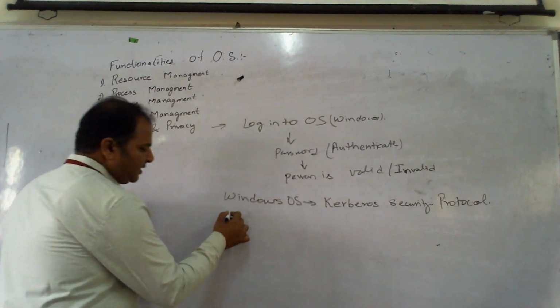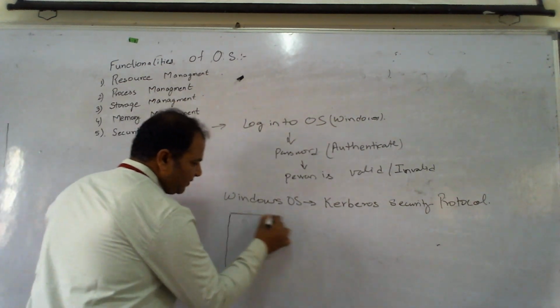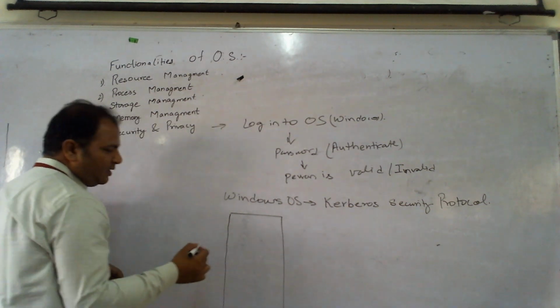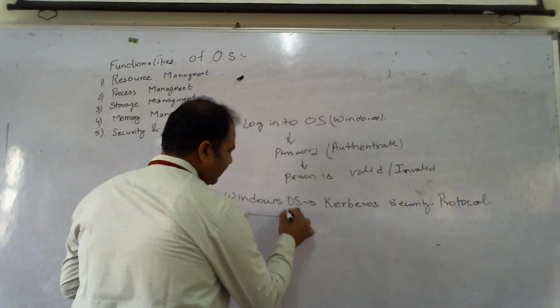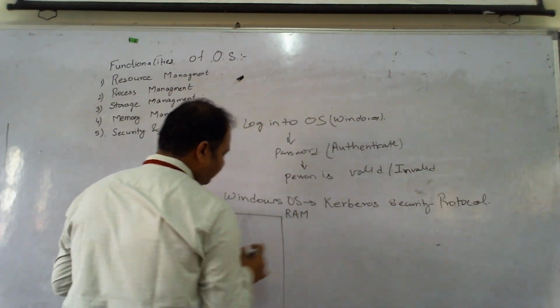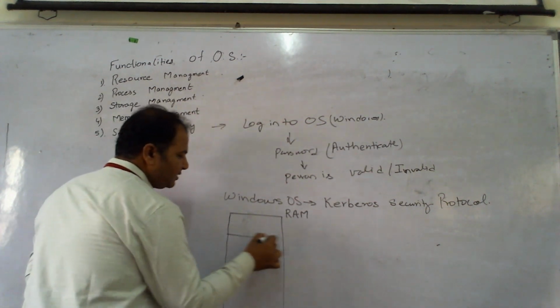Privacy you can easily understand by this diagram. Suppose this is the RAM, in which different processes are running.